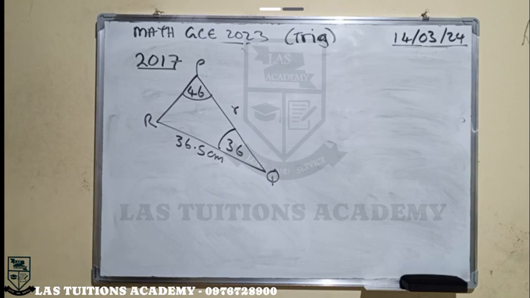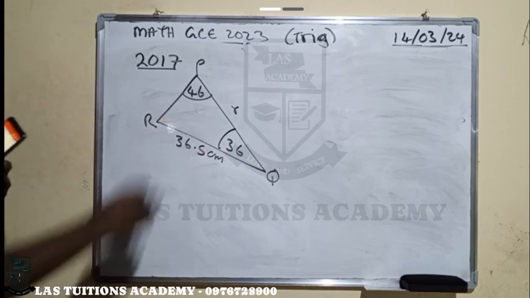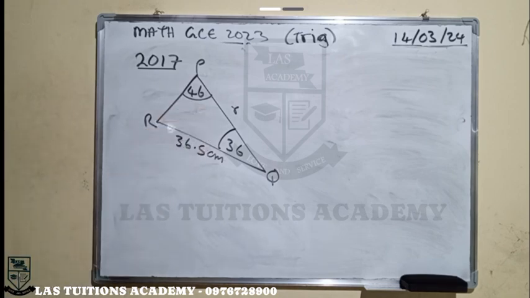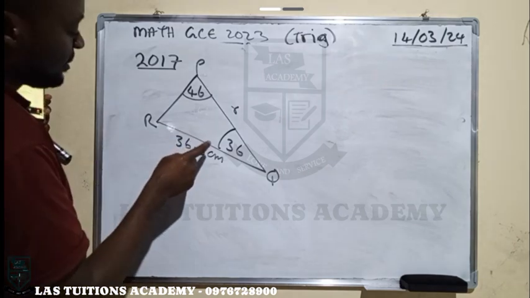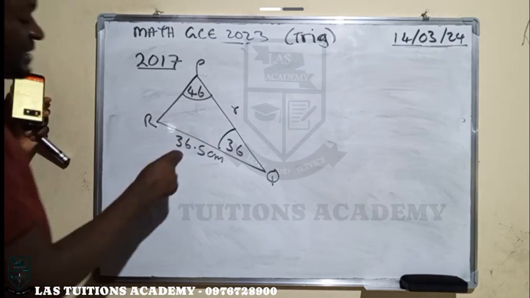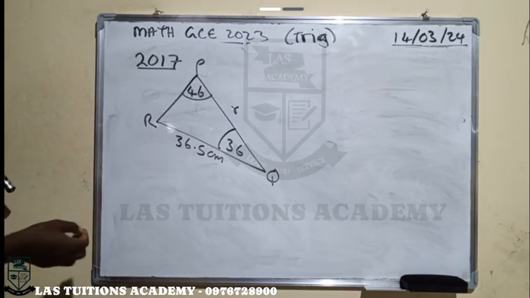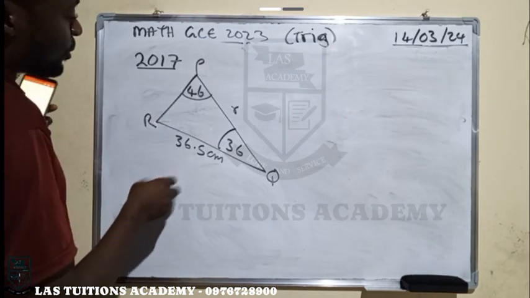So when you look at this question here, what formula do you think we can use? Why? Because we have two angles and one side, we use the sine rule. When we have two sides and one angle, we use the cosine rule.